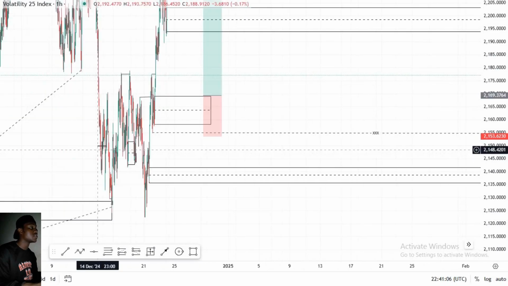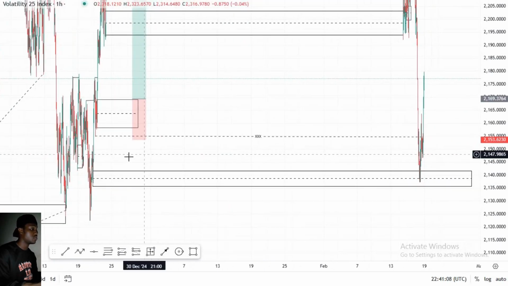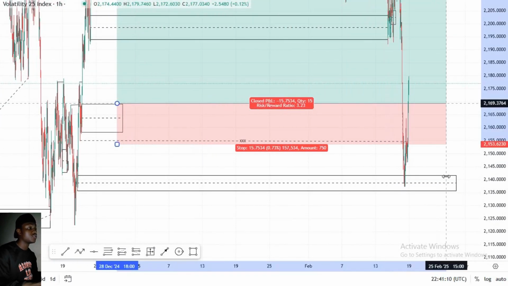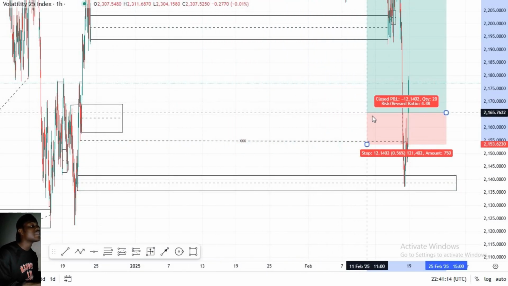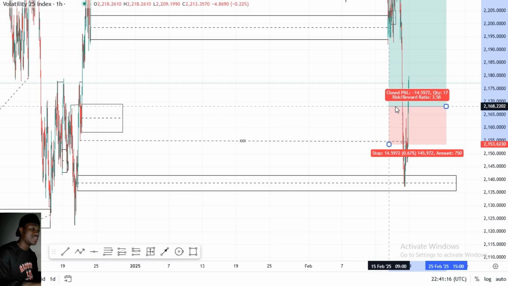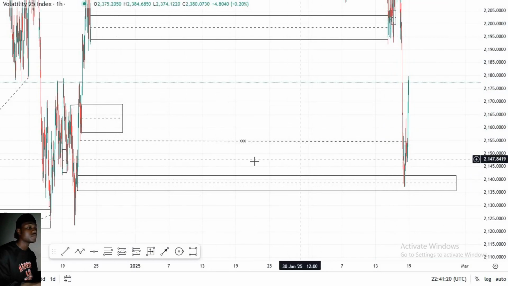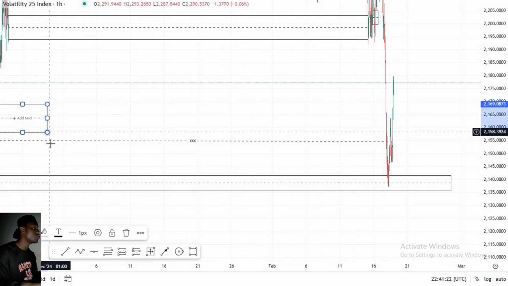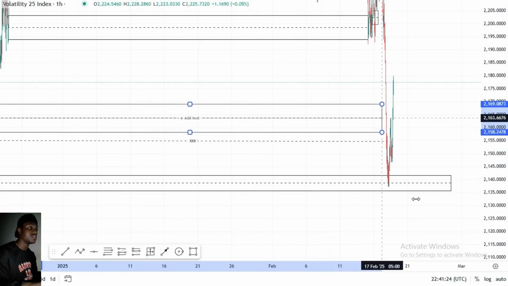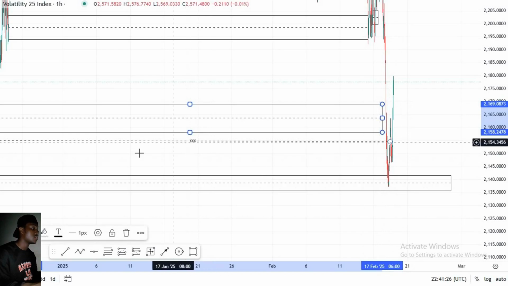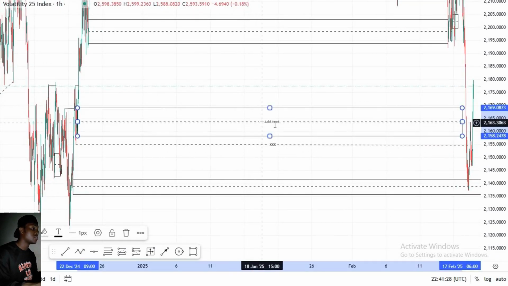We extend this to the right. As you can see, that smart money trader got killed at that area. So we have a level of inducement, a smart money trap.